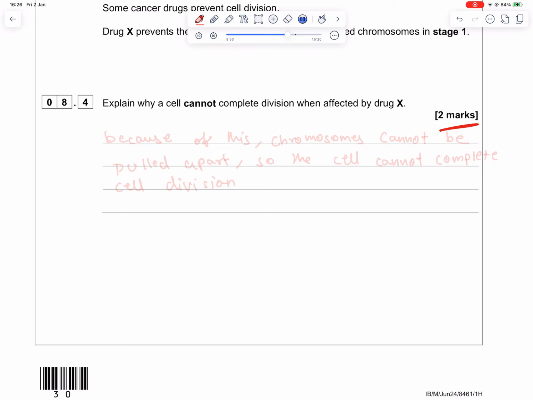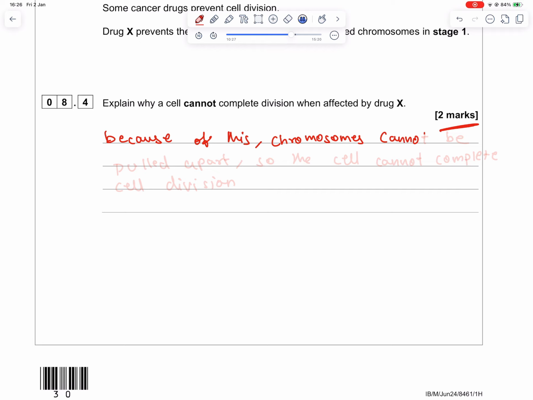Now, what we are seeing, these fibers are known as spindle fibers. Drug X is preventing the spindle fibers from attaching to the chromosomes. So this is what it is already telling us. That's what drug X is doing. So because of this, chromosomes cannot be pulled apart.